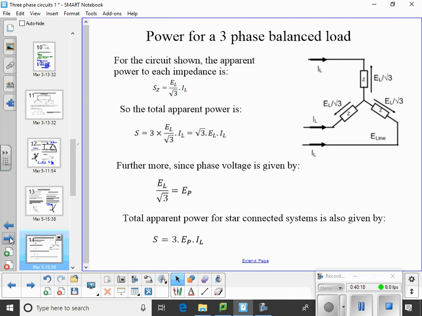So the total power is 3 times EL over root 3 times IL, which is root 3 times EL times IL.